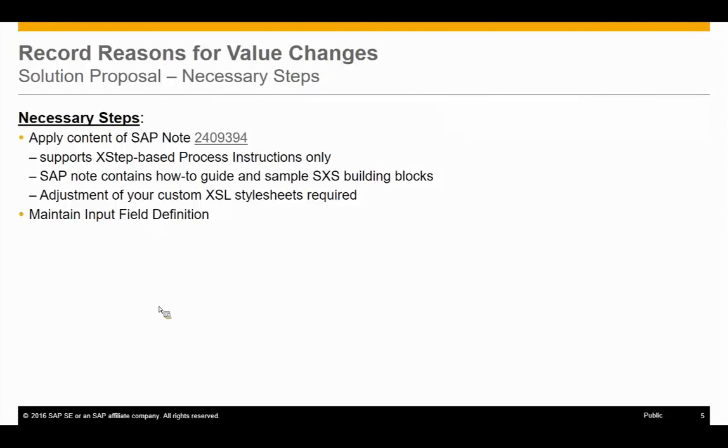Okay. Second thing, we just talked about it. The input field definition then has to be adjusted. Currently we don't provide any automatism for this, also so as not to bias your current XStep definitions.